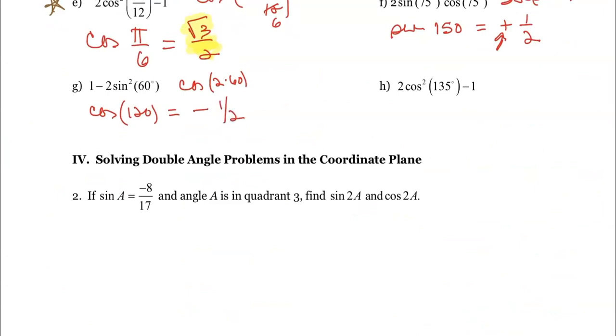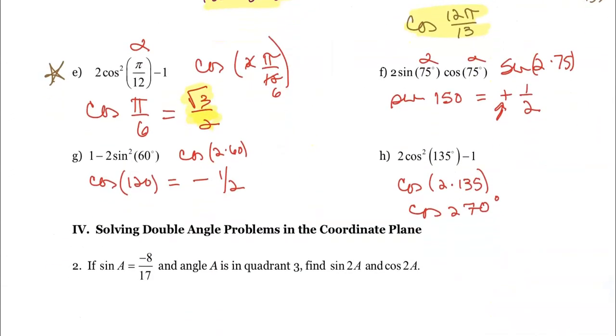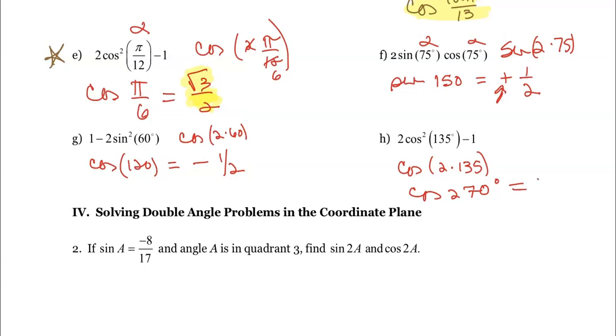Okay, next one, 2 cosine squared 135 minus 1. That is going to be cosine 2 times 135, and that is the cosine of 270 degrees, also a unit circle angle. It's a quadrantal angle, so here it is at 270, and I need cosine, and cosine is the first value, so I'm going to get a 0 for an answer, and that is my final answer.